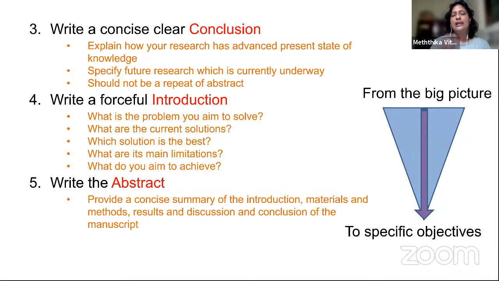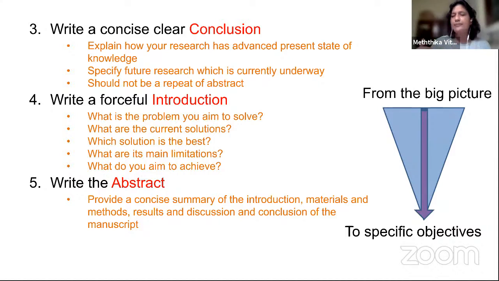That is very important. That justification highlights the importance of your study to science, right? If you give the justification strongly, then reviewers will understand, okay, this research is very important.